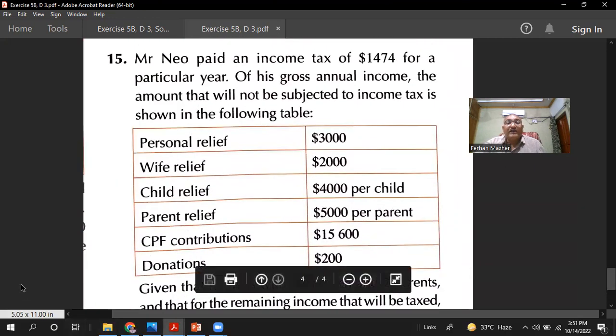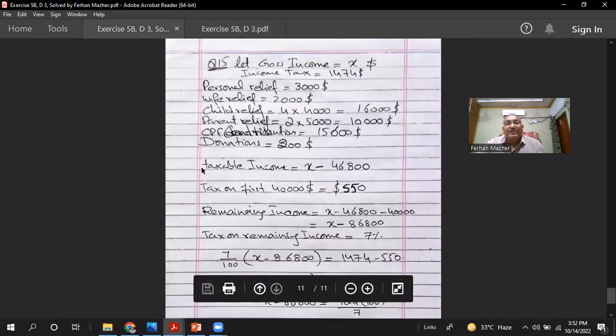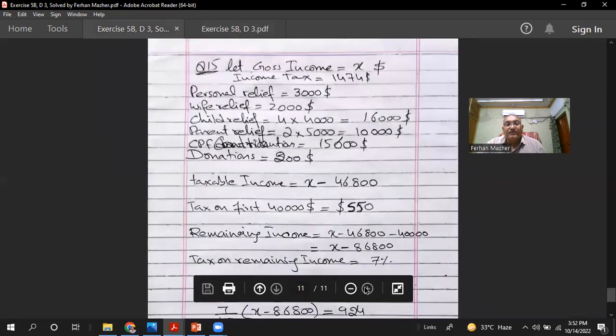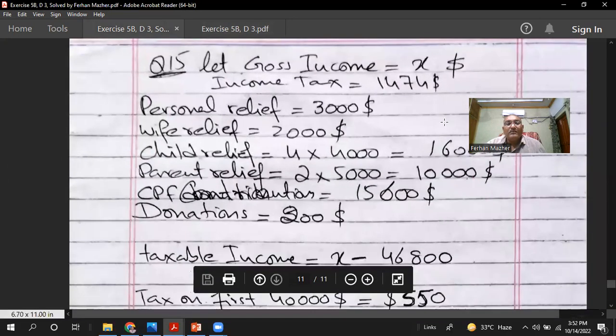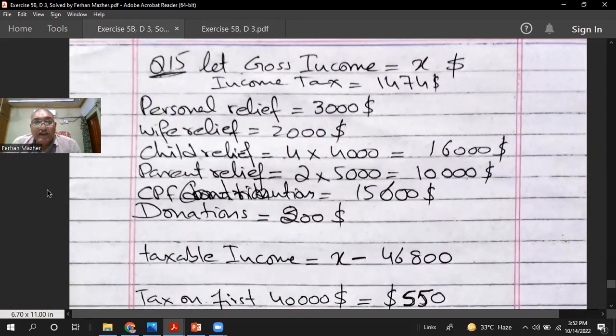First of all, we will calculate how much is the relief. Let the gross income be X, which is the question, and income tax is $1,474. Personal relief is 3,000, wife relief is 2,000, child relief, because there are 4 children, is 4 multiplied by 4,000, that is $16,000.